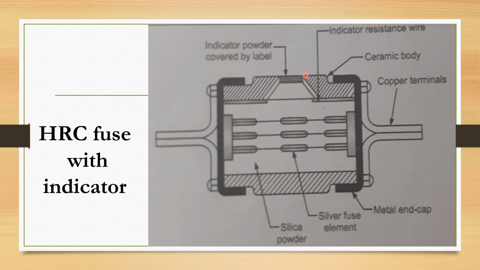So it is connected in parallel with these multiple silver fuse elements. A small quantity of mild explosive held in a pocket inside the fuse and covered by a label is also provided in it. It indicates whether the fuse has blown or not.